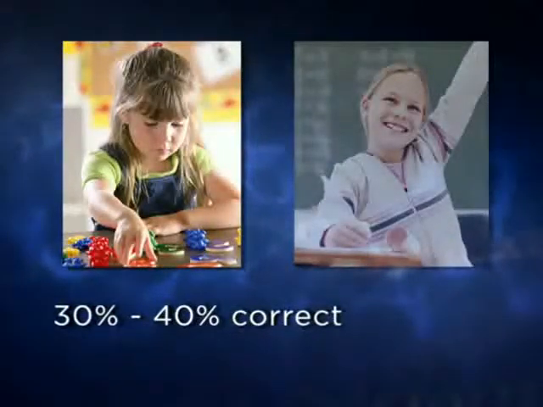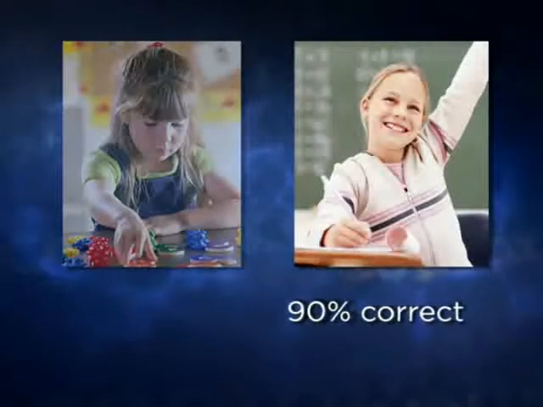Over that time frame, performance goes from about 30 to 40% correct in the 5-year-olds to 90% correct in the 10-year-olds. So what Siegler and Svetina did with 3 sessions of 10 class inclusion problems each, plus some explanations, was to take 5-year-olds and teach them to perform like 10-year-olds in the space of 30 problems.